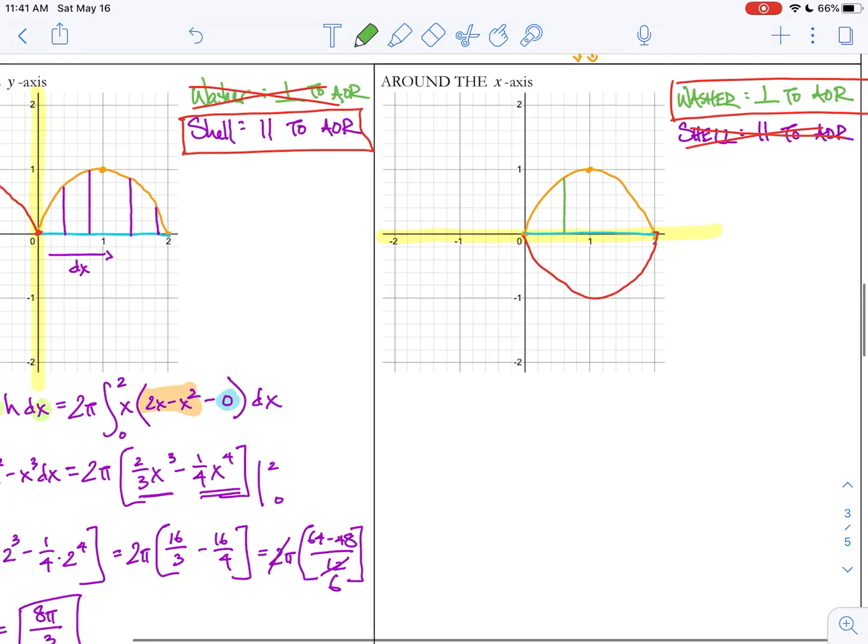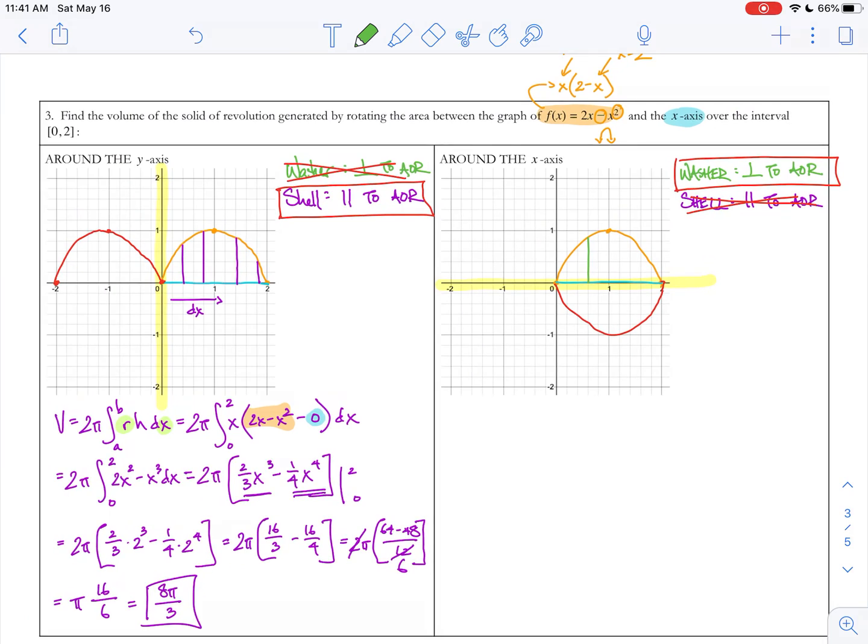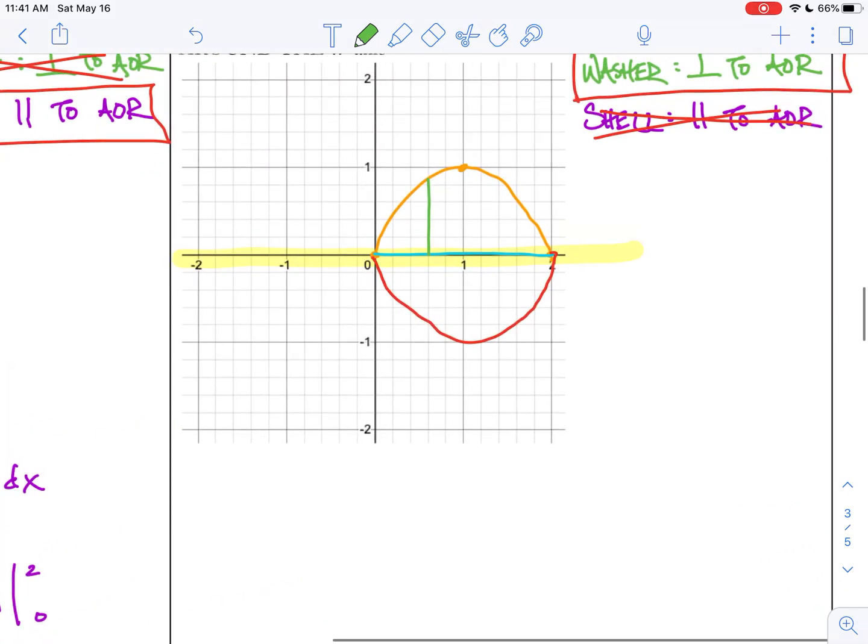Okay. So if we're going to set up our washer method, we don't want the 2 pi RH, we want pi r squared. So my volume is going to equal pi times the integral from a to b of r squared dx.